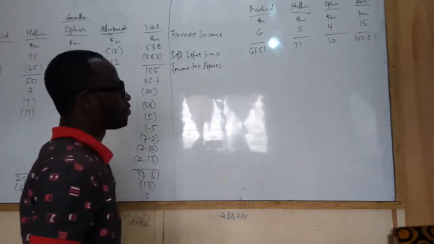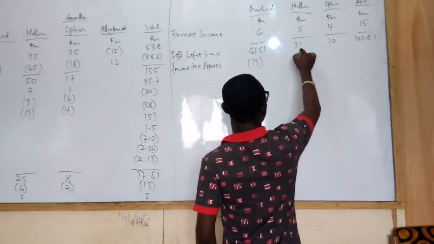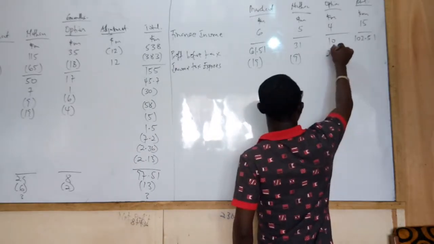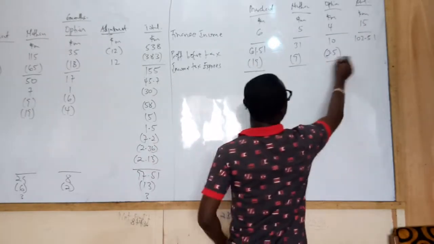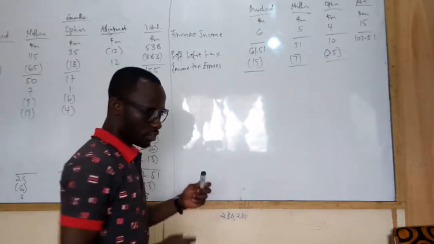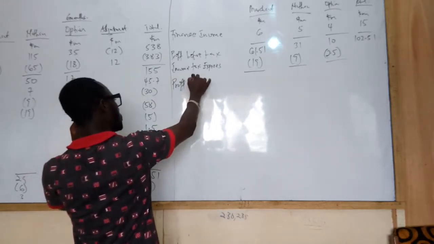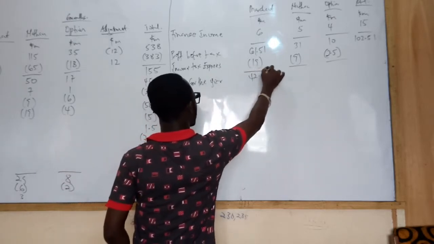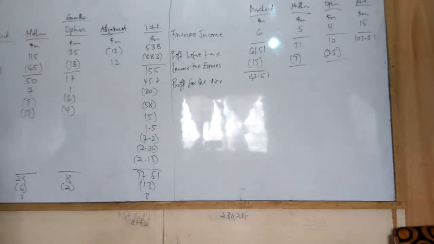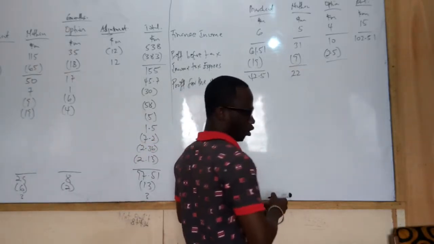How much do we have? 19. Uh-huh. 9. 2.5. Did you take half? From there, we come to profit for the year. 42.51. 22. 7.5.